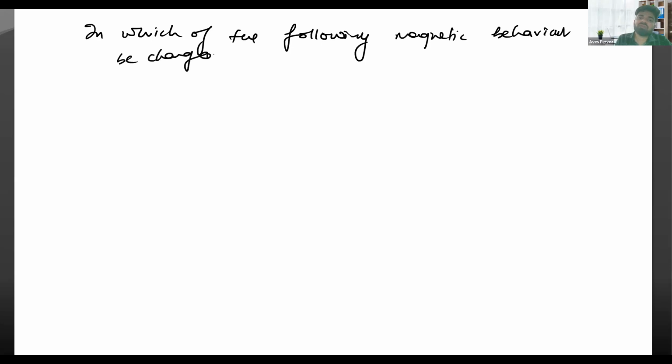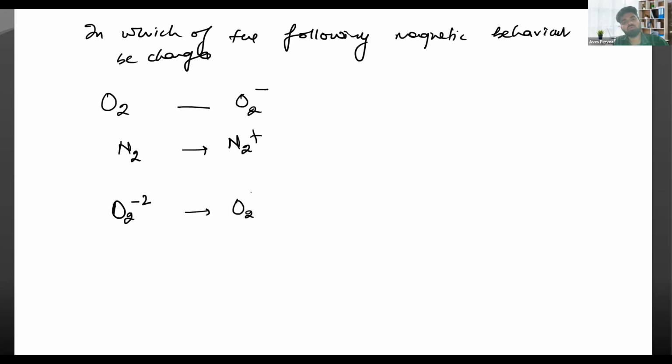Changed means from paramagnetic to diamagnetic, or from diamagnetic to paramagnetic. So O2 to O2 minus, N2 to N2 positive, O2 2 minus to O2 2 positive, and B2 to B2 positive. Tell me in which of the following the magnetic behavior will change.